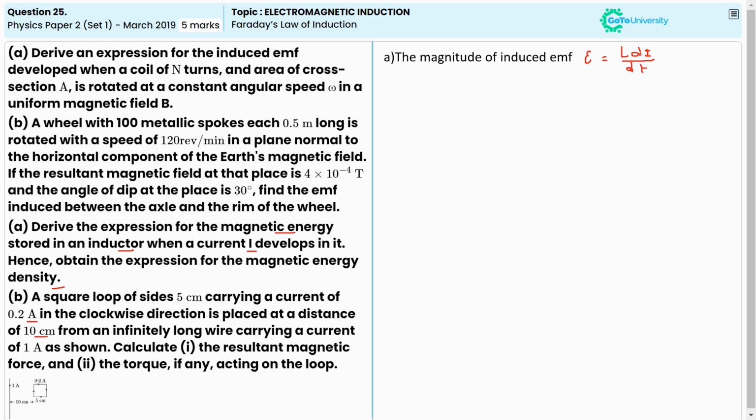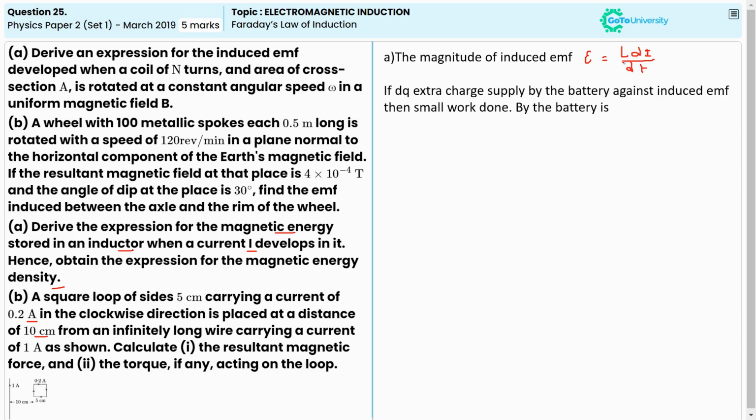Then if dq extra charge is supplied by the battery against the induced EMF, then the small work done by the battery is dW is equal to epsilon times I dt, because epsilon is equal to L di by dt.